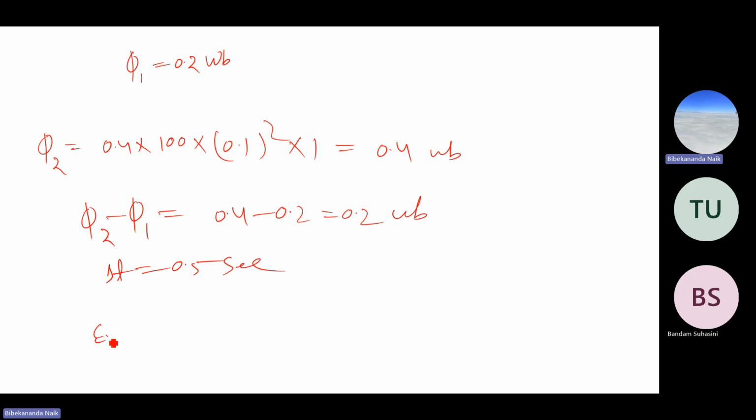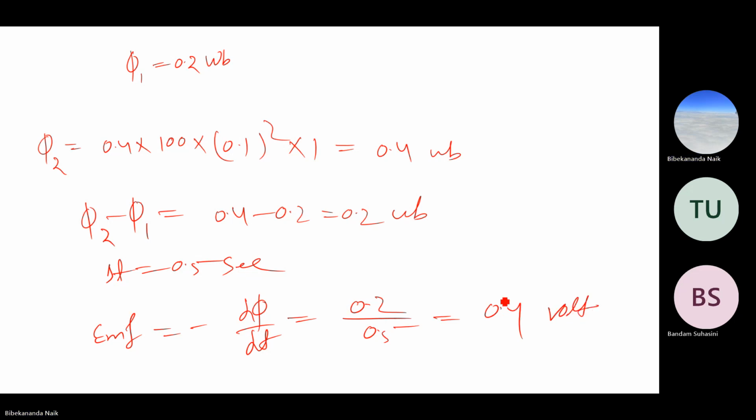So we know EMF is minus d phi by dt. So it will be 0.2 divided by 0.5, which will give us 0.4 volt. So the EMF induced in the coil is 0.4 volt.